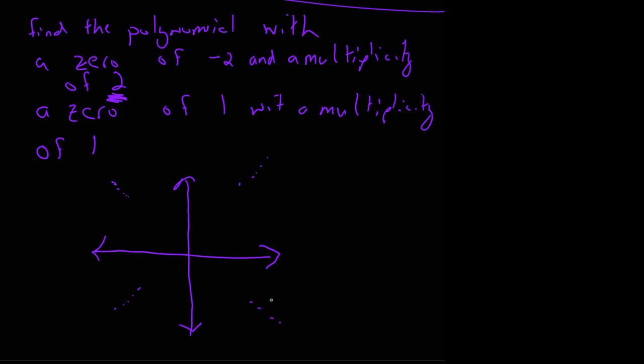And we actually don't have the leading coefficient. But what we can tell is what our roots are. If I have a root of -2, that says x equals -2, so my linear factor is x plus 2. And if I have a root of 1, then my linear factor is x minus 1.